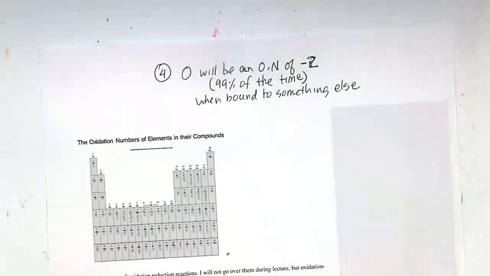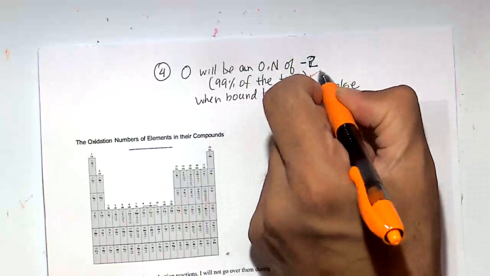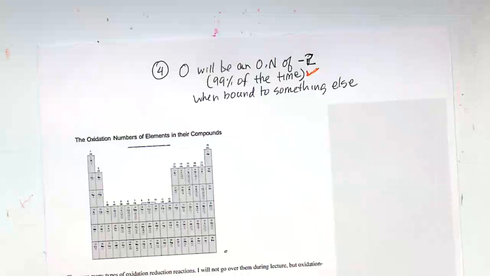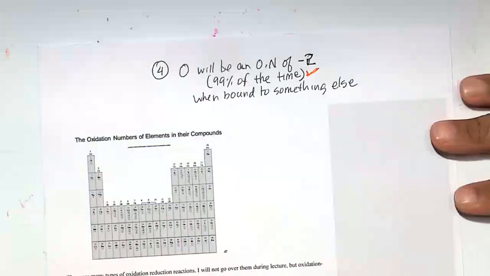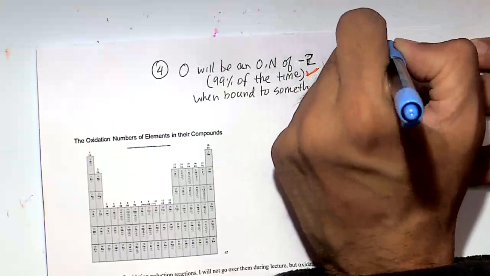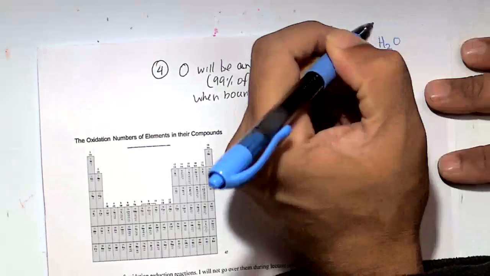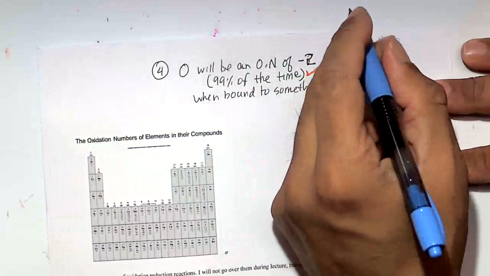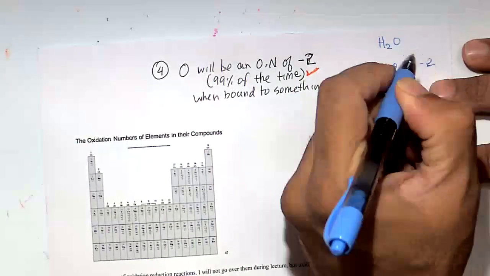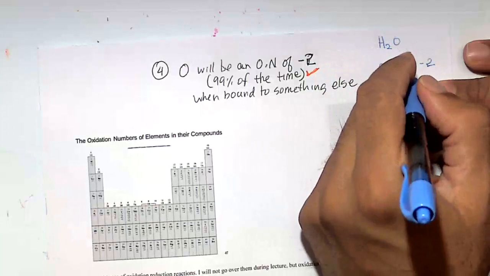So that's what we're concerned with. We're not concerned about the rare cases where it's not -2. Just know oxygen would be -2. So what would be the oxidation number of oxygen in H2O? -2. Okay, so the oxygen oxidation number would be -2.